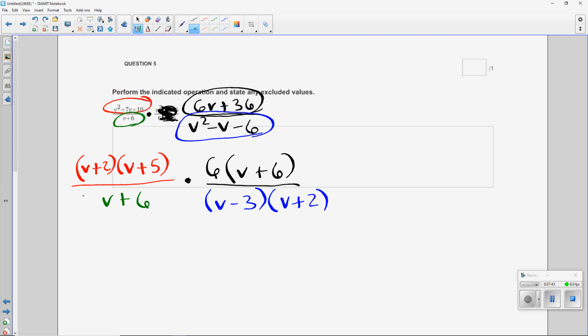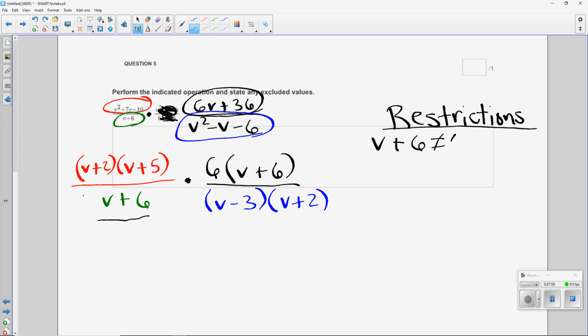So now we're going to list our restrictions. I'm going to set all of the bottom factors not equal to 0 and solve.